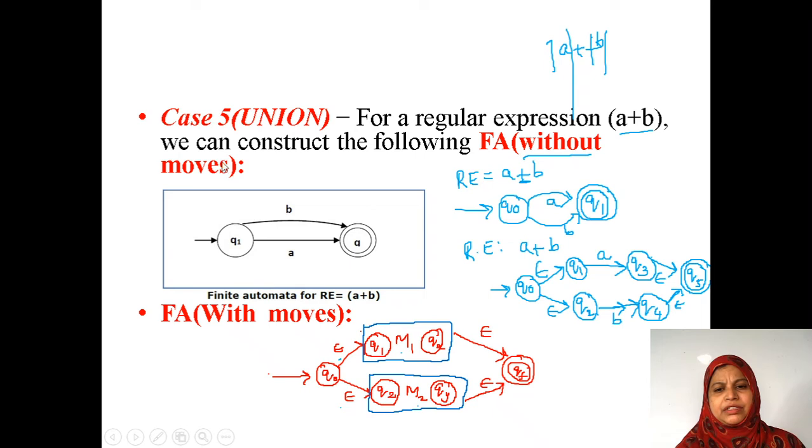While you are going to solve the problem, you are not going to write these statements directly. You have to follow the procedure, and by using that particular procedure only you are going to convert the regular expression to finite automata.